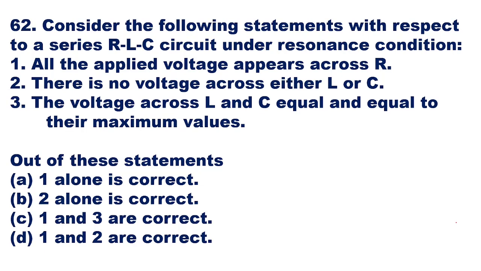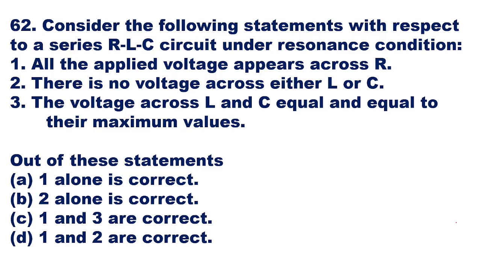Consider the following statements with respect to a series RLC circuit under a resonance condition. The first statement is all the applied voltage appears across R. Second statement is there is no voltage across either L or C. Third statement is the voltage across L and C equal to the maximum values.